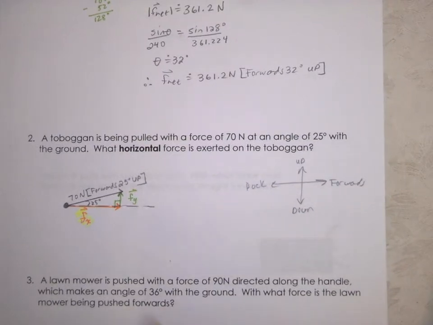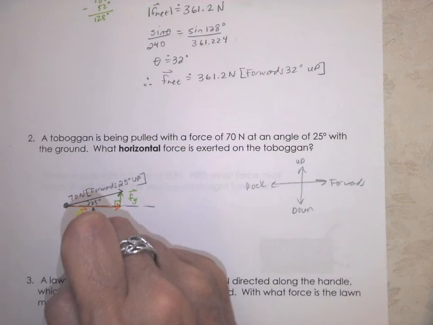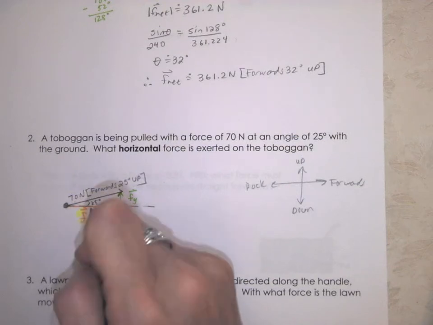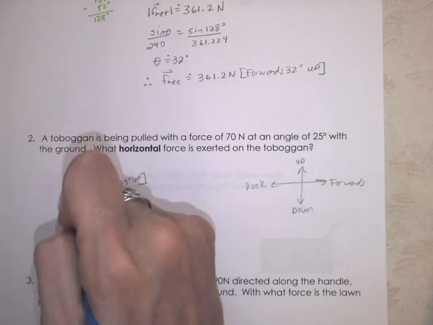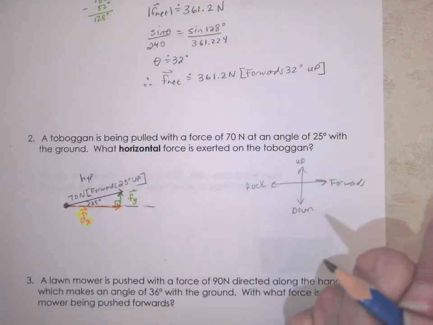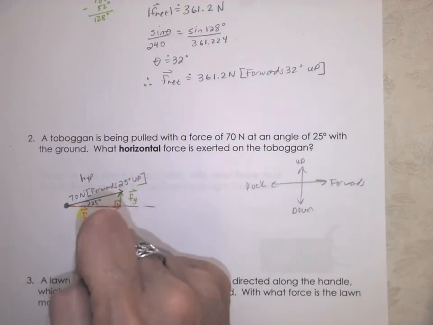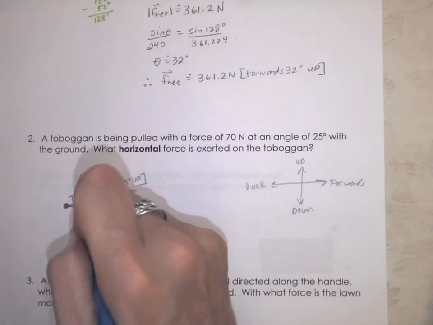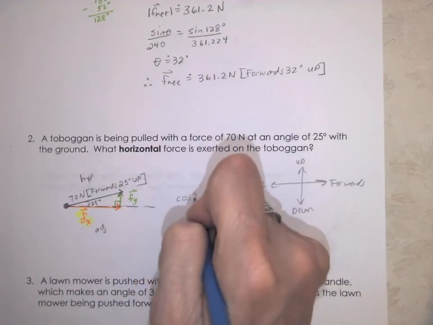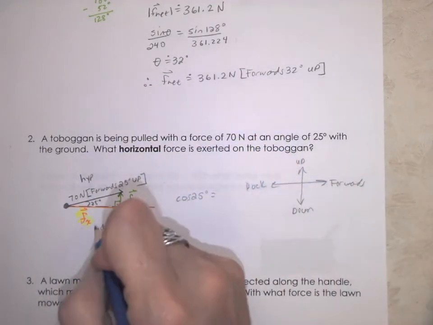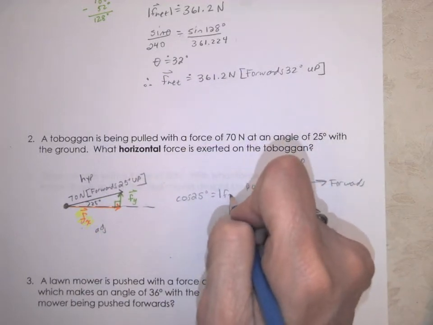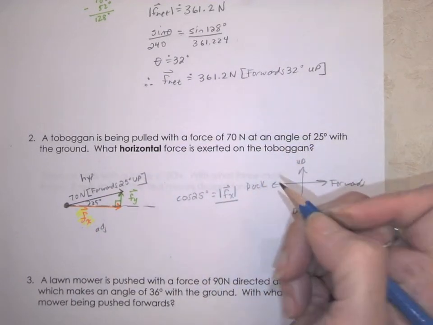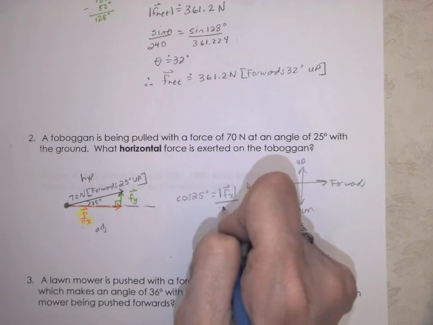Okay, so because this is a right triangle, we can use SOHCAHTOA, and this is the angle we know, the 25 degrees. So hypotenuse is going to be involved because we know its magnitude is 70, and adjacent is going to be involved because that's what we're trying to find. So we can say that the cosine of 25 degrees is equal to the magnitude of the adjacent side over the magnitude of the hypotenuse, which is 70.